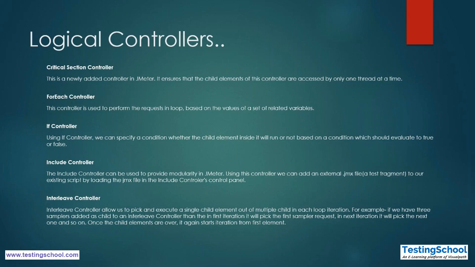On the first iteration, whatever is present as the first child component will be executed, in the next iteration the second child will be executed, and in the third iteration the third will be executed, and so on. So it takes one child element at a time, and executes the next one in the next iteration. It will always pick one at a time, and it works in a sequential manner.